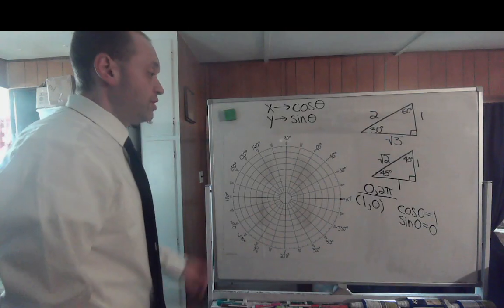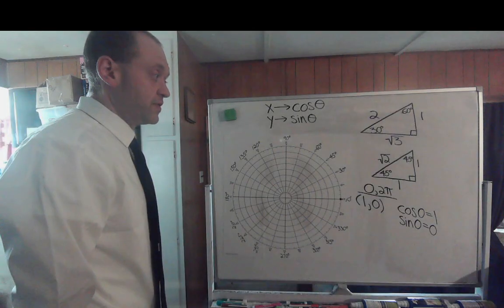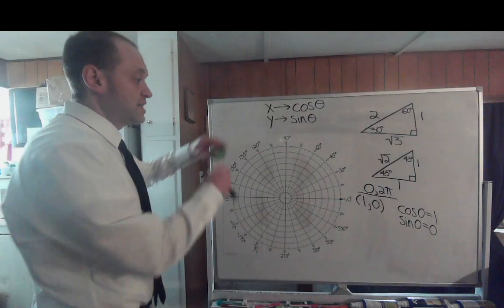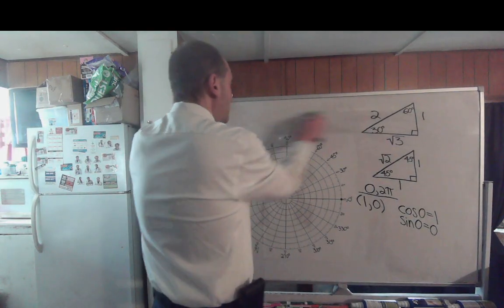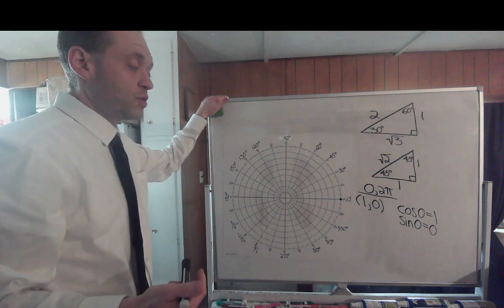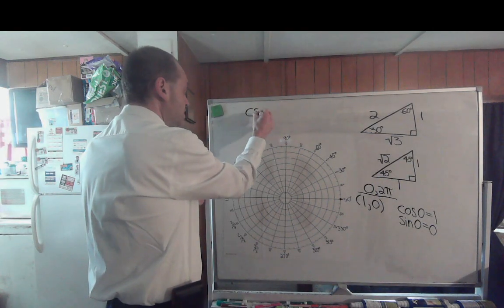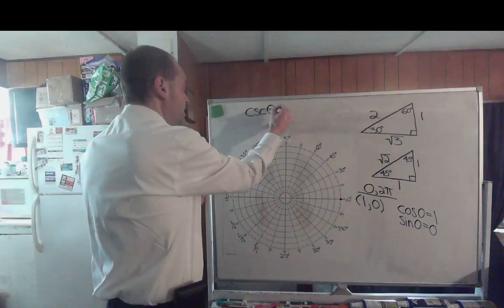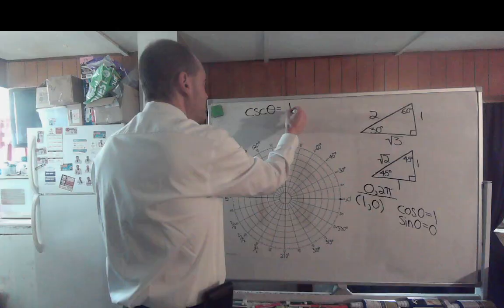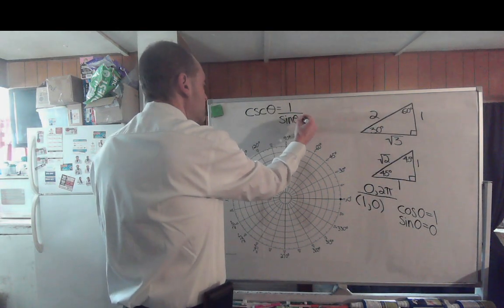Alright, now we have to delve into the other functions. So x is cosine, y is sine. So why don't we actually start with the reciprocal functions? So let's talk about the cosecant. The cosecant of theta, as we've stated, that's the reciprocal of the sine function. So that's the same as 1 over the sine of theta.